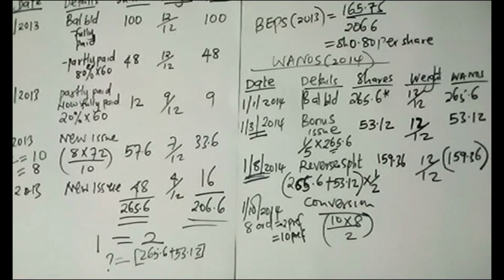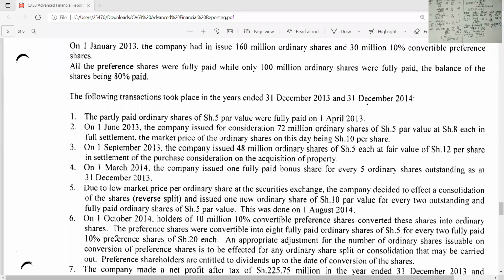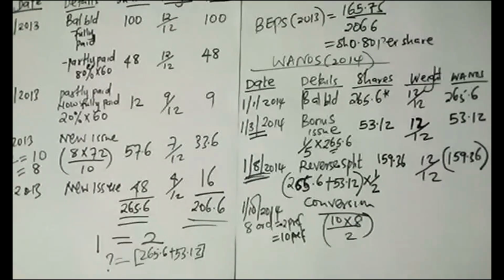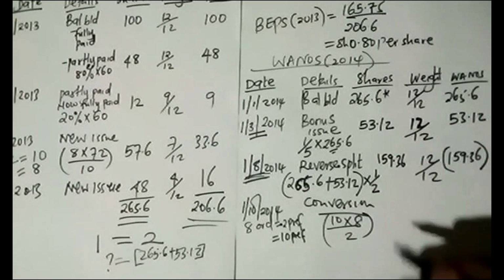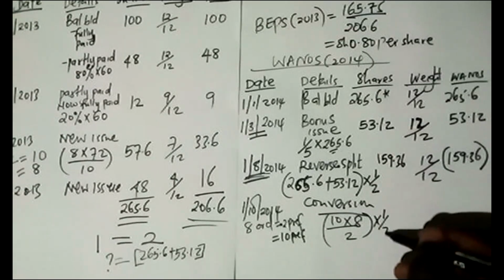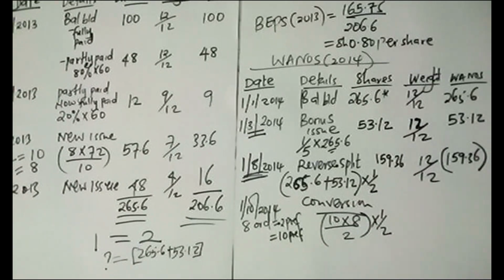So when was this security, the convertible preference shares, issued? Was it after the reverse or before? It was 1st October. So here we have to consider the reverse by multiplying by half, because this one was after August.